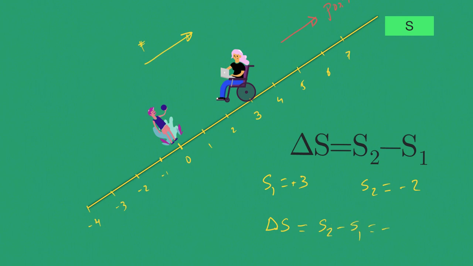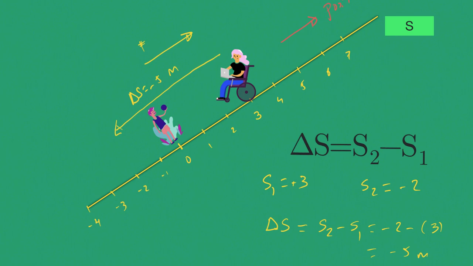It will be minus 2 minus 3, which is minus 5. So delta S equal minus 5 meters, of course.